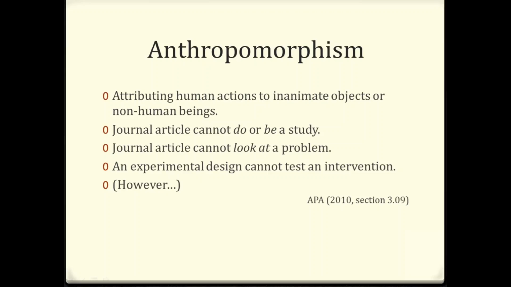In fact, I just had a manuscript accepted for publication, and the way I had a sentence written was, Therefore, an integrative review was undertaken to identify and evaluate interventions for test anxiety in nursing students. And the editor edited it to, this article reports on an integrative review to identify and evaluate interventions for test anxiety in nursing students. So I was trying to avoid anthropomorphism, but if the journal editor wants to do it, they get to do it.